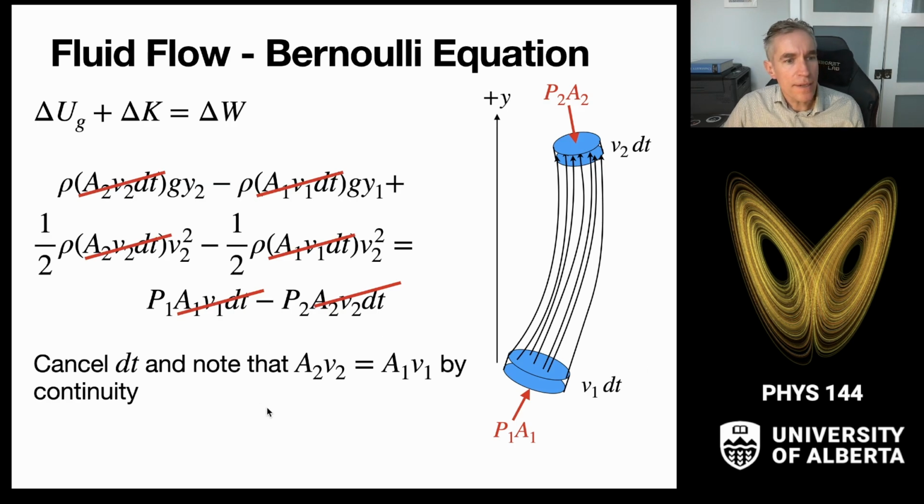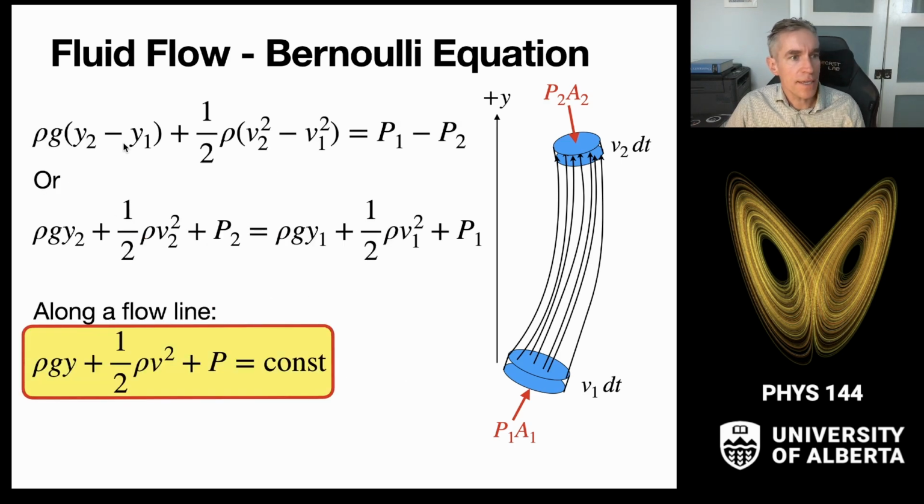But because A2v2 is equal to A1v1 through the criterion of continuity, remember this is a flow tube, we've set it up, and we automatically get continuity, we can cancel out the A2s and the v2s. And so everything here is going to cancel out, and we get a nice little relationship that the density, g, difference in heights, plus 1/2 density, difference in velocity squared is the difference in pressures.